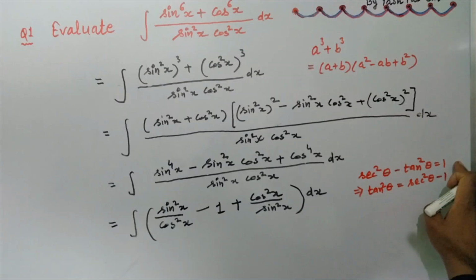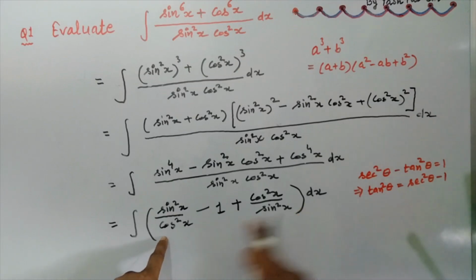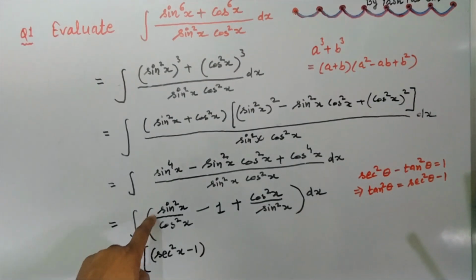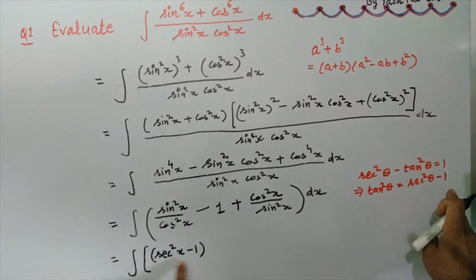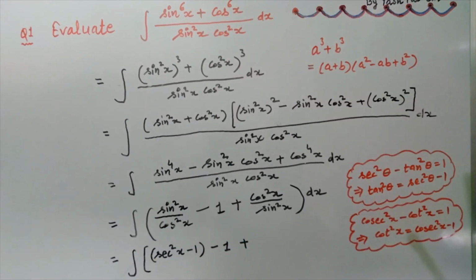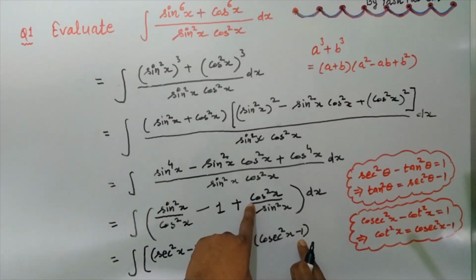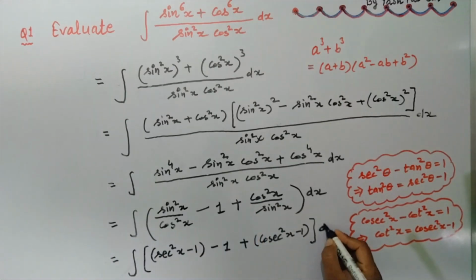As we know the rule, sec^2 θ - tan^2 θ = 1, which implies tan^2 θ = sec^2 θ - 1. So we substitute tan^2 x as sec^2 x - 1. Next term is minus 1, plus cot^2 x. We know the formula cosec^2 x - cot^2 x = 1, which implies cot^2 x = cosec^2 x - 1. So we substitute cosec^2 x - 1 in place of cot^2 x, into dx.